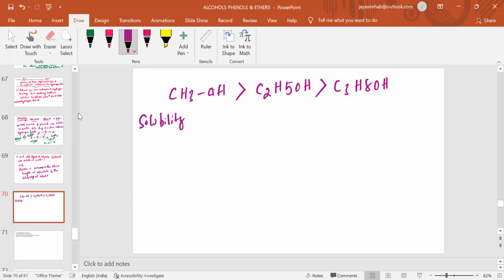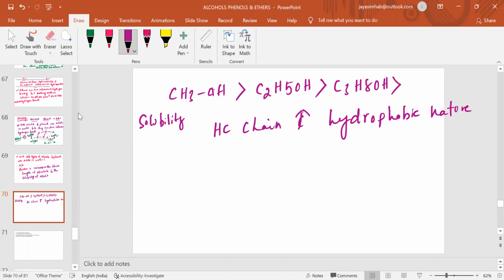Ethanol will be more soluble than propanol. Like that, C4. So as the hydrocarbon chain increases, hydrophobic nature increases. Hydrophobic nature means water-hating nature. It won't like water. It won't be miscible with water.